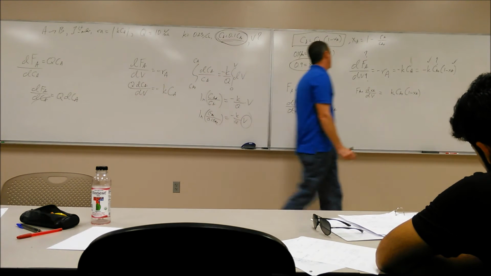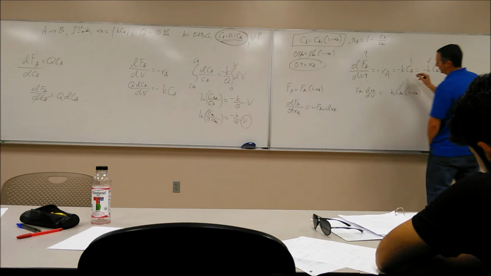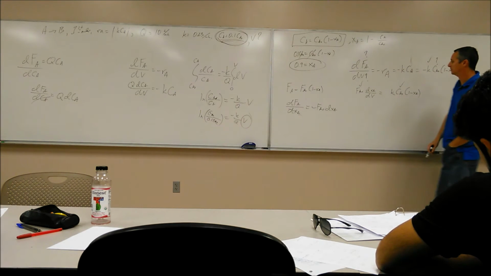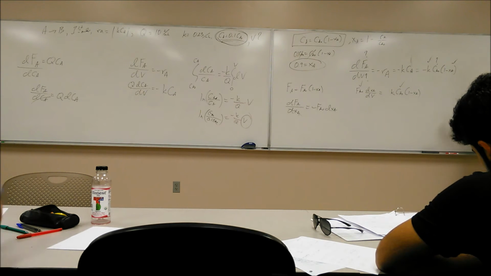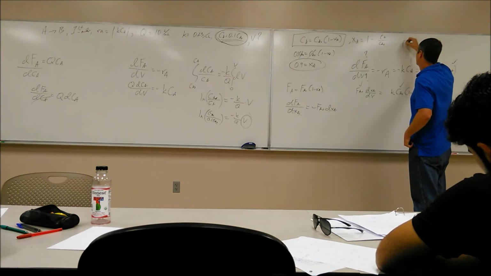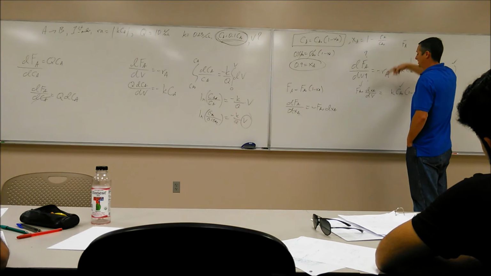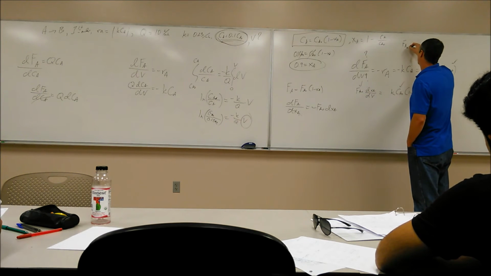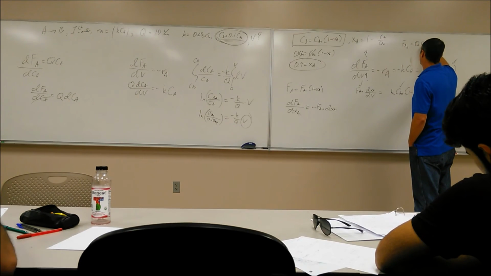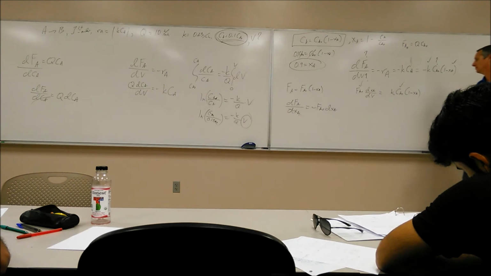What don't we know now? We don't know v. How would I handle that? Somebody tell me how to figure that out. FA naught equals v times C naught. Gotta go back to another equation. FA, in this case, we're talking about FA naught, so I can write it in terms of that. It equals v naught times C naught.